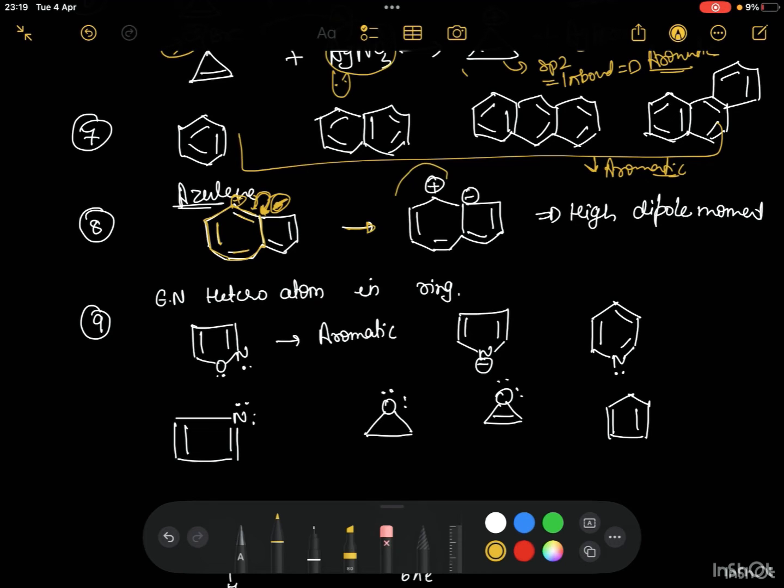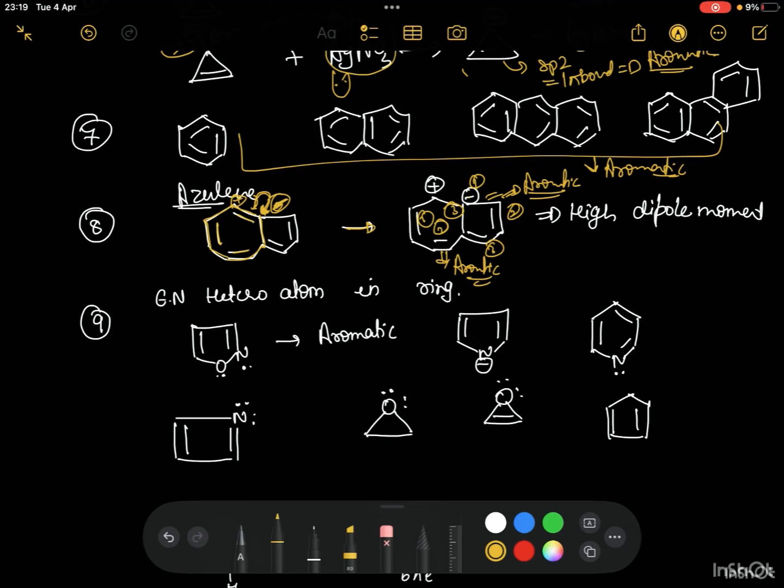If I see this system, how many bonds are there? 1, 2 and 3. So 3 means aromatic, that ring is aromatic, and this one also 1, 2, 3, this ring is also aromatic. So both are aromatic.